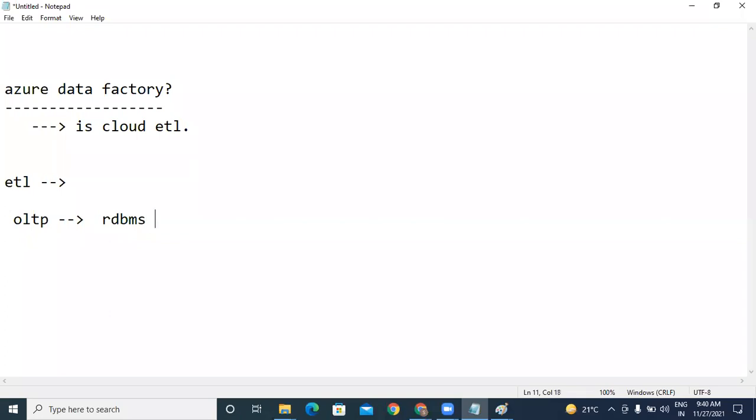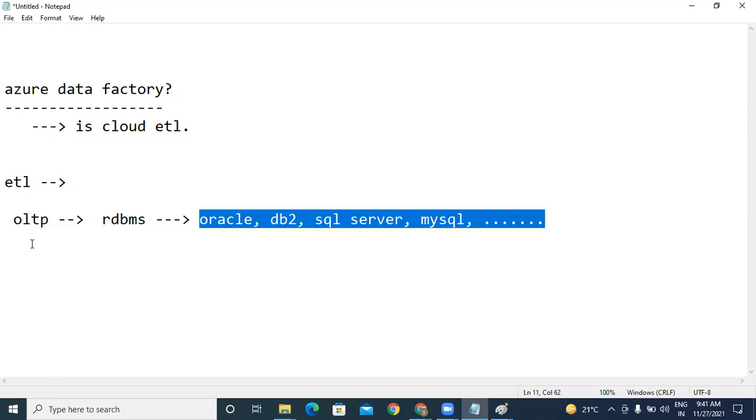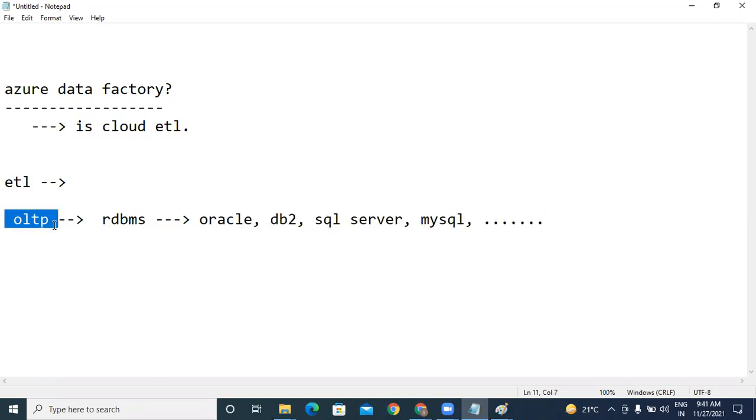The popular ones in the market are Oracle, DB2, SQL Server, which is a Microsoft product. If it is open source, even MySQL, PostgreSQL. In this way, many players are in this field. But all these databases are good only for OLTP, not for the data warehouse.